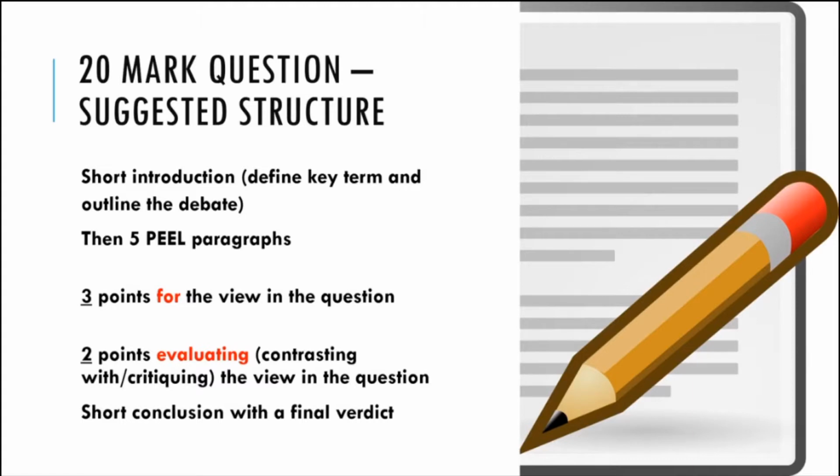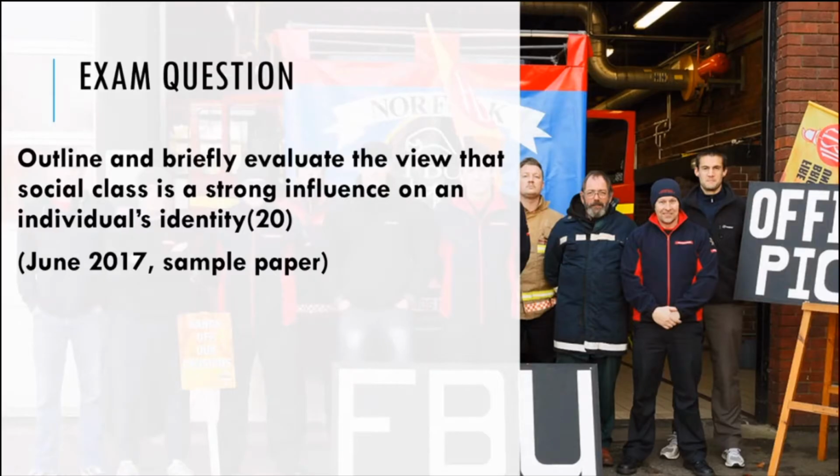Probably the best way of explaining how to structure and answer this question is to look at a real exam question. So we've taken the one from the June 2017 sample paper, which is outline and briefly evaluate the view that social class is a strong influence on an individual's identity.